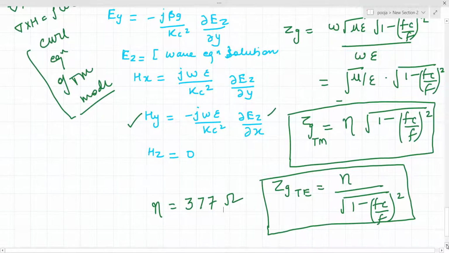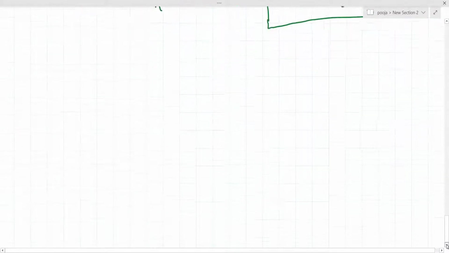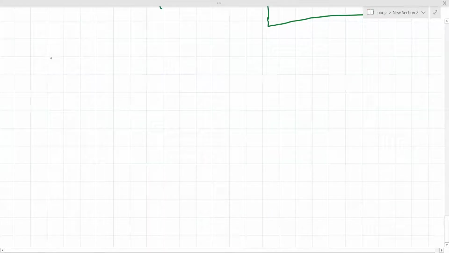Next, we already saw that in TM mode the TM00 wave does not exist, because the equations were in the form of sine for Ez. So we saw that TM00 does not exist.